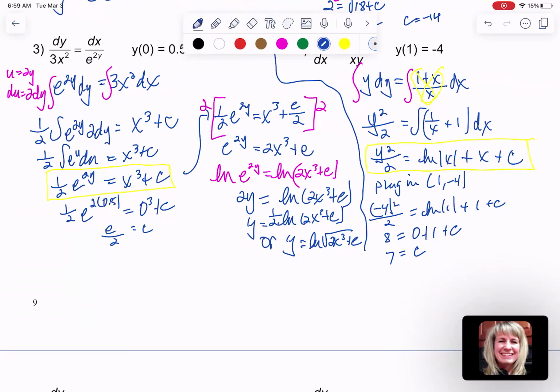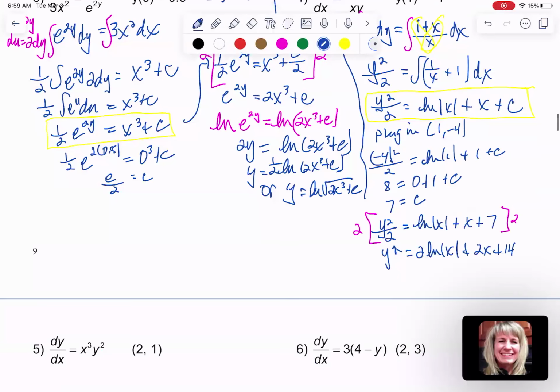So this will become y squared over 2 equals ln x plus 7. And then you're going to multiply both sides by 2 to solve for y, making sure you distribute that 2 to every term. So that becomes y squared equals 2 ln x plus 2x plus 14.